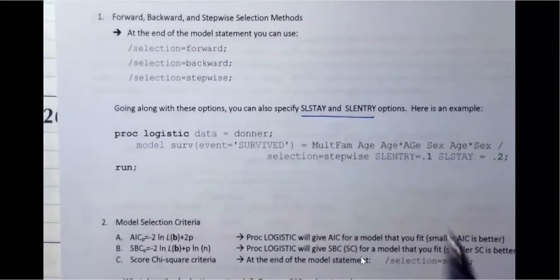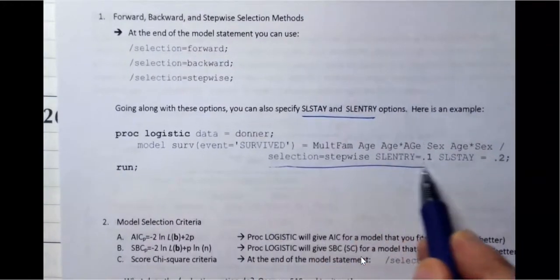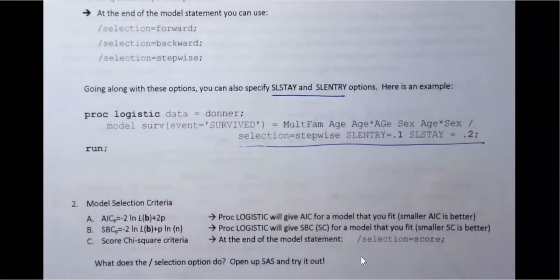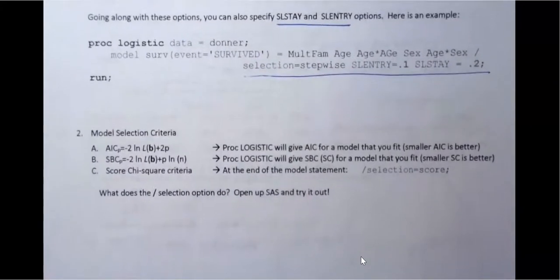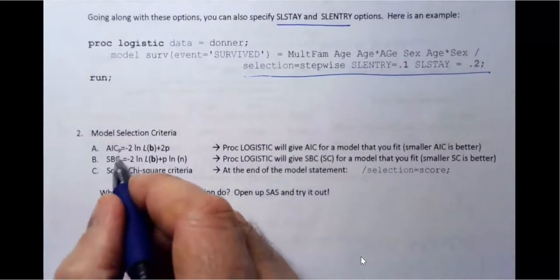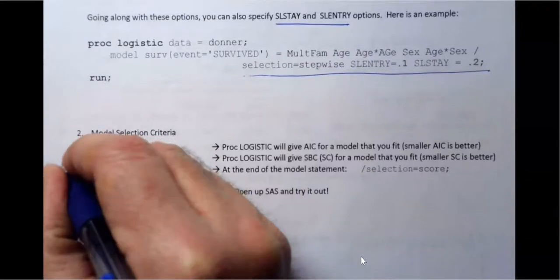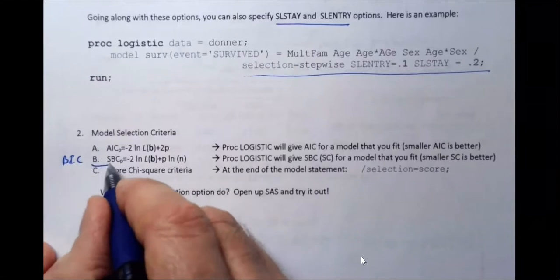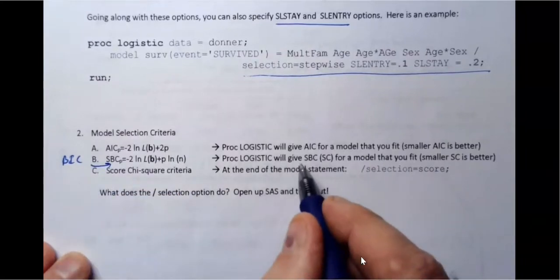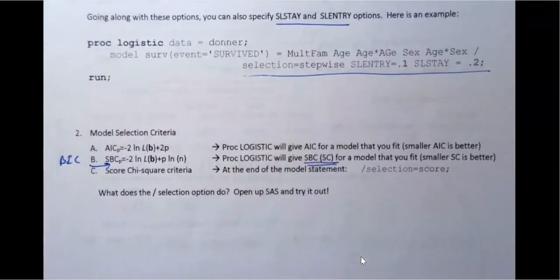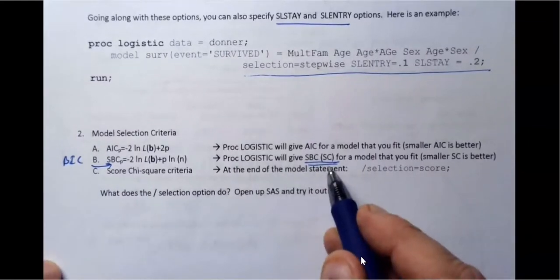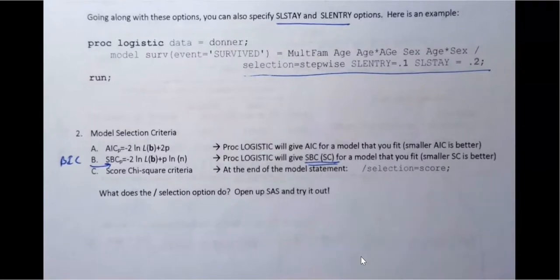So here's an example of using stepwise selection. I'm not going to go through this because it's very much the same as we saw for multiple linear regression. We can also use the AIC or the BIC, and the BIC might be indicated as SBC, or as you saw, Proc Logistic for some reason abbreviates it as SC.